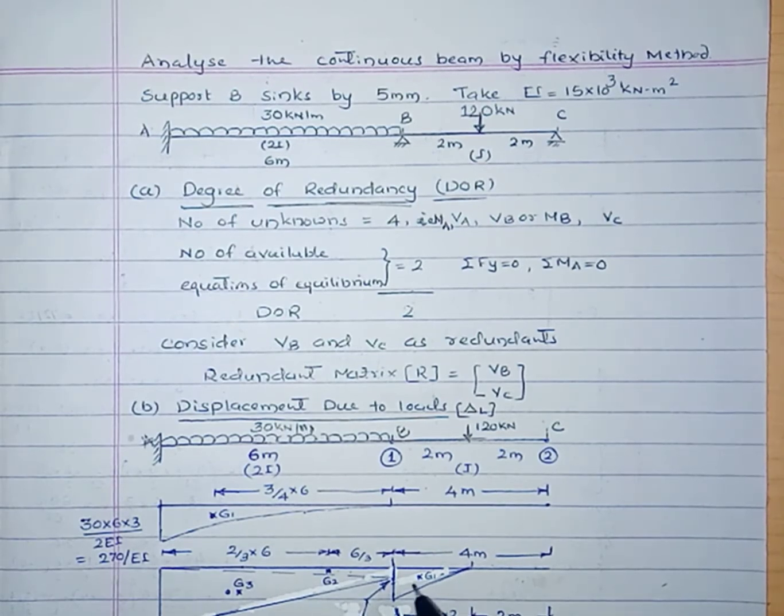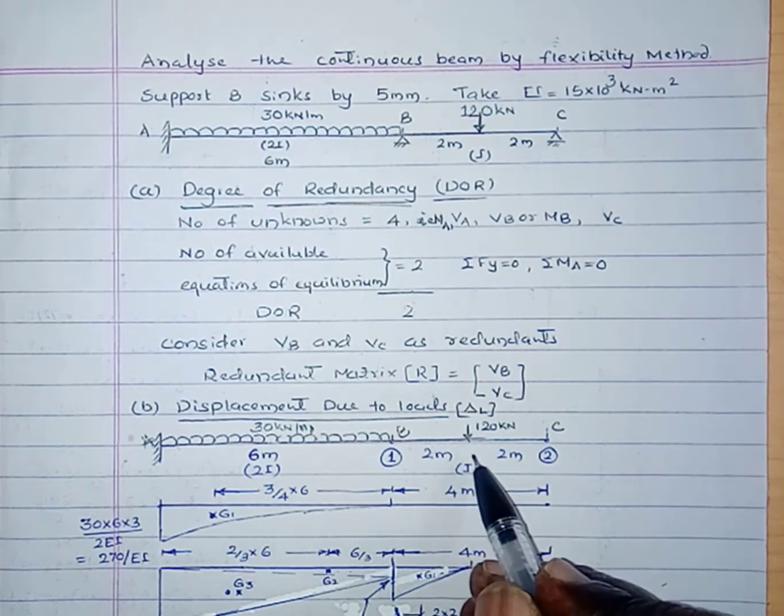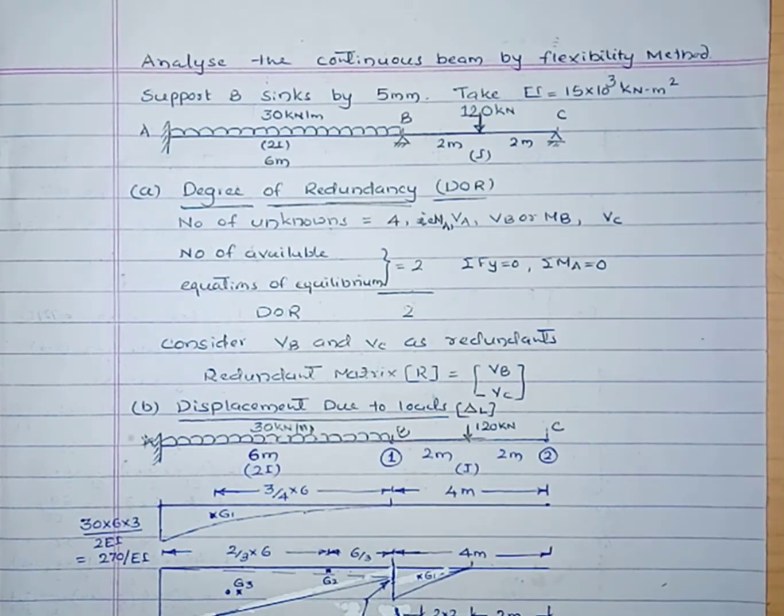Here similarly, the bending moment is 120 into 8, that is 960 by 2EI, that equals 480 by EI. Similarly here there are two ordinates, one is 240 by EI, then here the moment of inertia changes, hence there is another ordinate, that is 120 by EI.